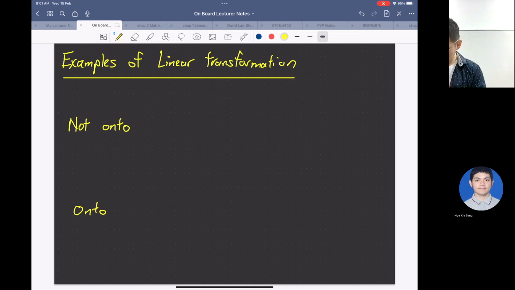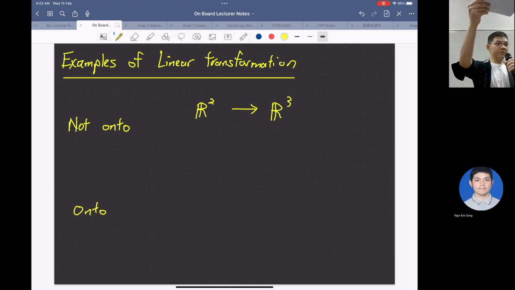The not onto example is from a 2D space to a 3D space. Imagine you want to put a plane, a piece of paper, inside a box. Can you fill the box with a paper? No, right?